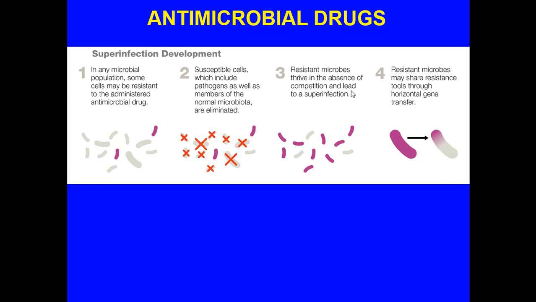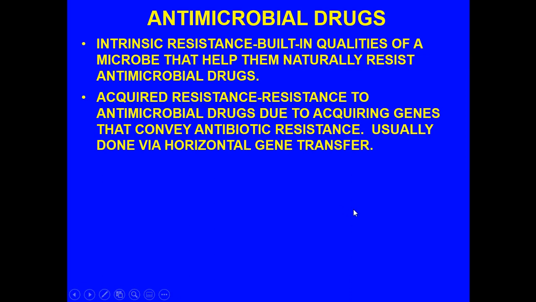The resistant microbes may also share resistance tools through horizontal gene transfer. This is something we talked about before. When we talk about horizontal gene transfer, we've talked about conjugation and the other types. Go back to genetics of the microbes in that chapter.